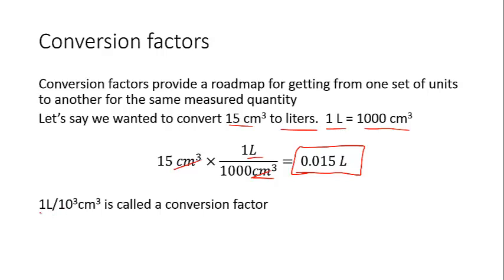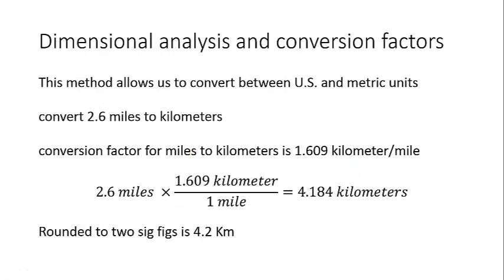So this 1 over 10 to the third cubic centimeters, and remember 10 to the third is just 1,000. So 1 over 1,000 cubic centimeters is called a conversion factor. And conversion factors allow you to convert between different units of the same measured quantity.